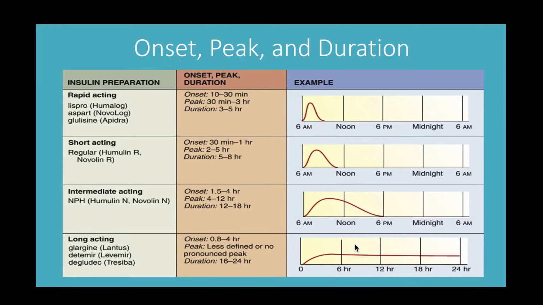So our numbers there are going to be very clear if you get asked specifically about that. More often it's asking about patient safety. So you're about to give Lispro or Humalog insulin. What's the most important thing you have to make sure they have? Food at the bedside because they're going to eat. They need to have something to eat because this is going to be rapid onset. Or that you need to check their blood sugar before they get any kind of insulin. Or questions about they only have a long-acting insulin and are having blood sugar spikes.